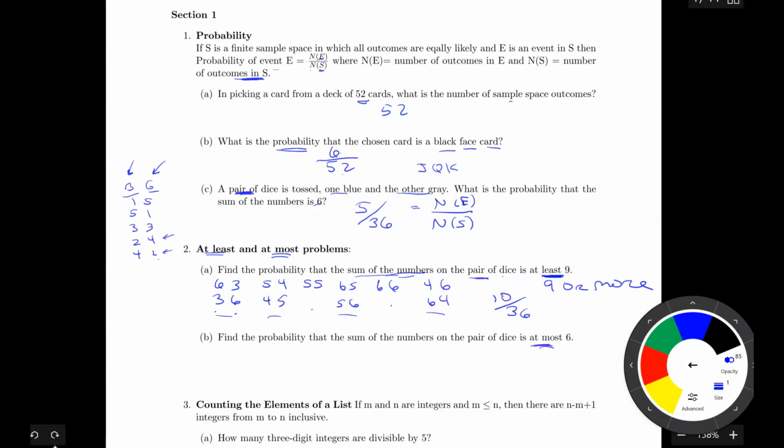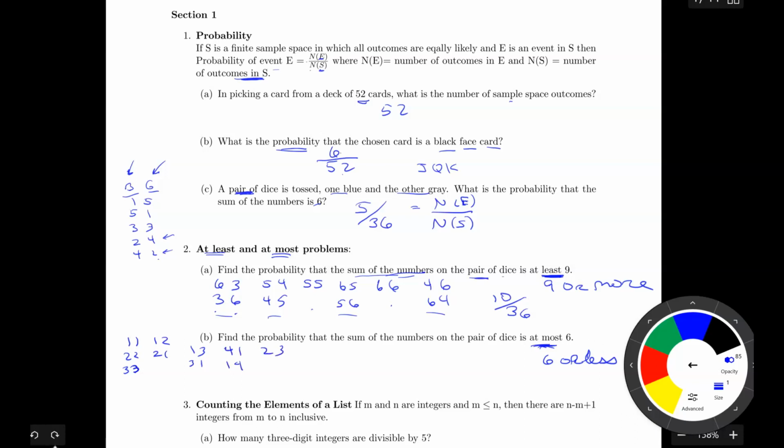So what about at most 6? At most 6 means 6 or less, right? So thinking about my pair of dice, I have a 1 and a 1, a 2 and a 2, and a 3 and a 3, right? Because at most 6, I can have 6. So then I've got a sum of 3, or a sum of 4, or a sum of 5.